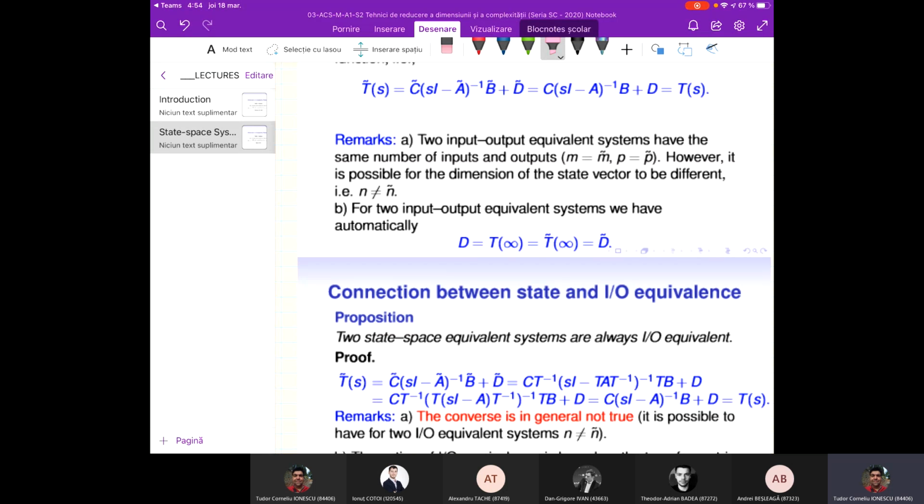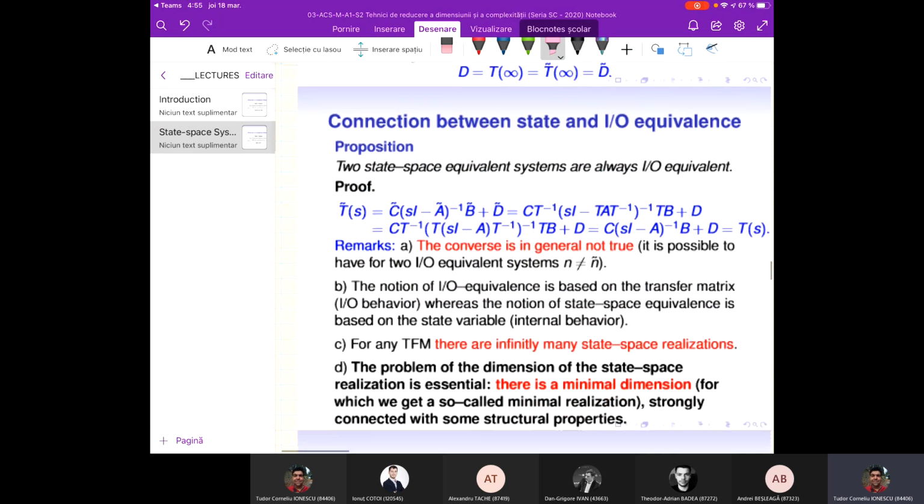That's what we are saying. So we have two notions, state space equivalent and input-output equivalent. For two input-output equivalent systems, we only automatically have D equals D tilde. That's the only property you have. Usually D is the value of the transfer function at infinity. Just keep this in mind.